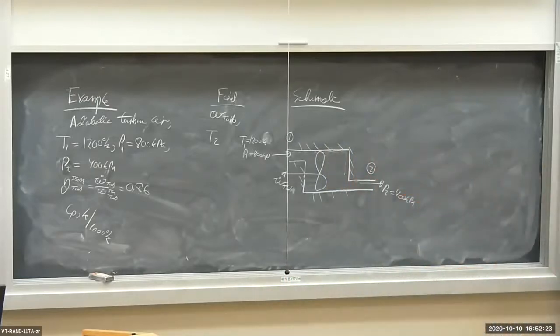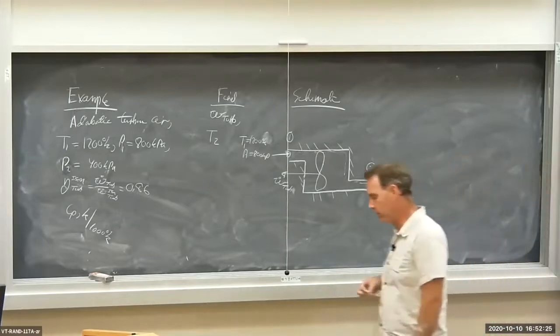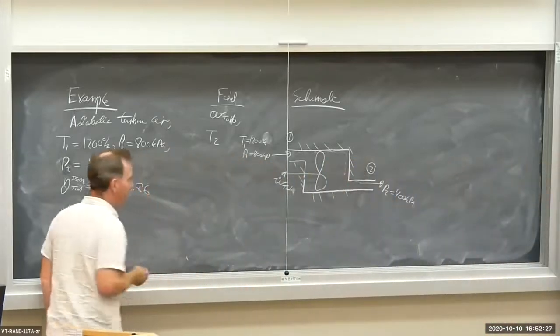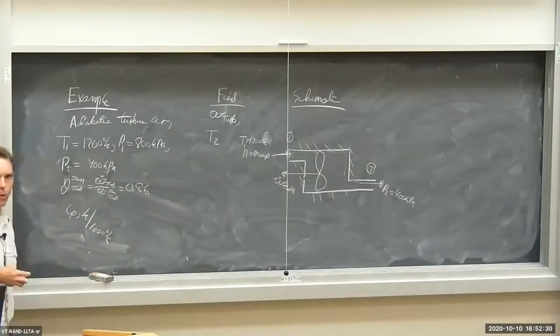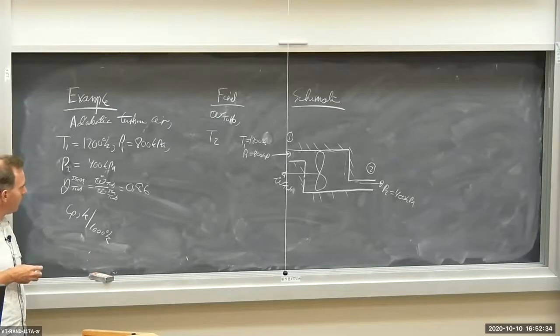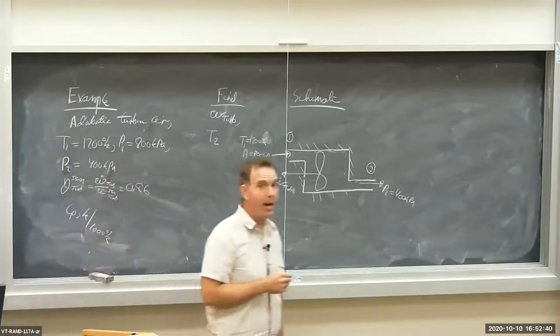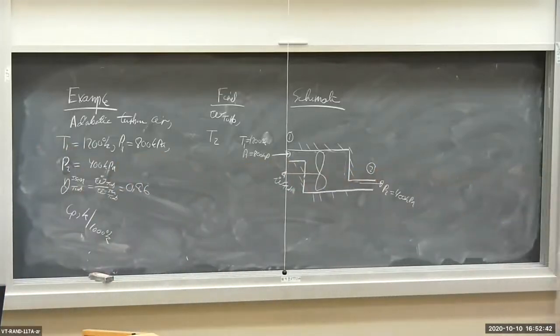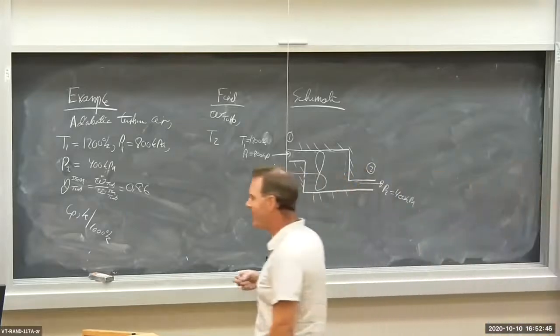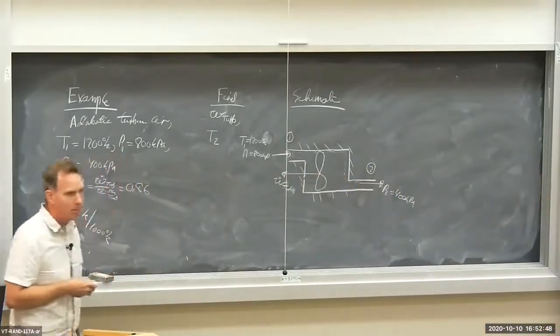And as a result of the pressure falling, this turbine extracts work. W dot turbine is a work-producing device. The isentropic efficiency for this turbine, which is defined to be W dot turbine over W dot isen turbine, is 86%. So this device produces 86% of the maximum possible.